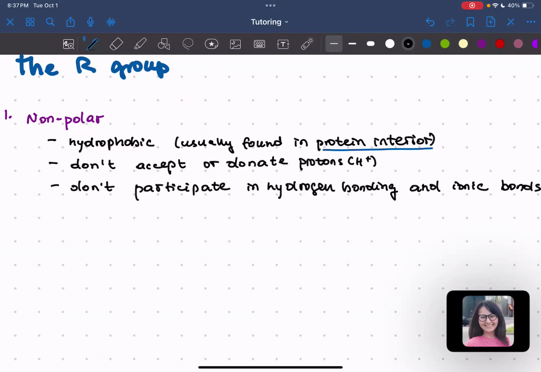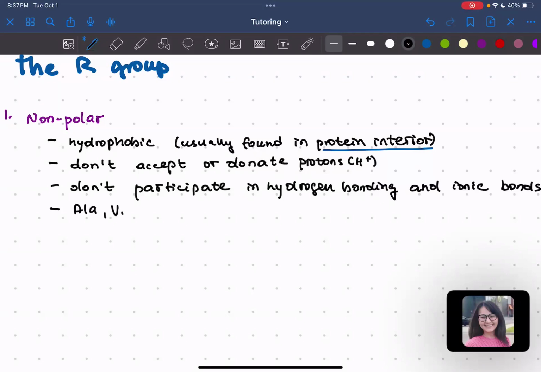Once you learn which amino acids don't do this, if you have a question and one of these amino acids is part of it, you'll know these guys do not form hydrogen bonds or ionic bonds, because they're that cheap person who doesn't like to do much. I don't know, that's very stupid for me to say, but that's how I would memorize. Make up a story. Think of them as living things.